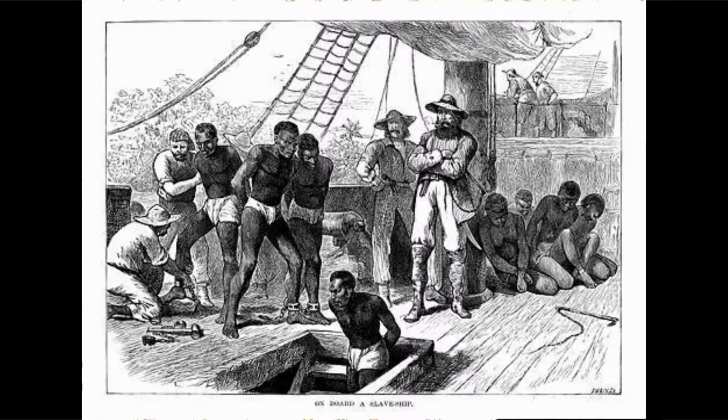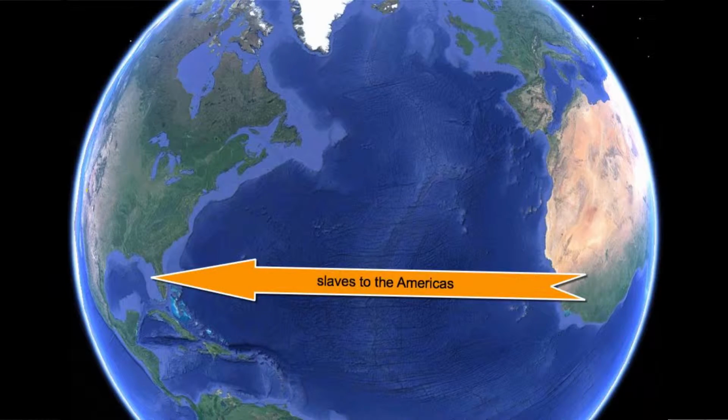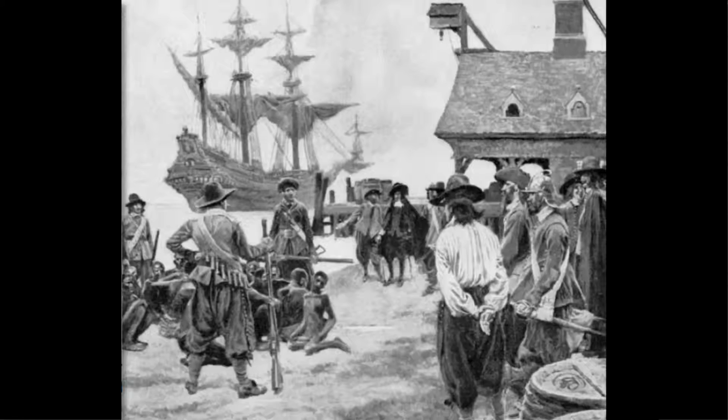With the slaves on board, the second leg of the triangle commenced, the slave ships departing for the West Indies and the Americas. After crossing the Atlantic, the ships would arrive and the slaves would be sold, fetching a 200 to 300% profit for the slavers. Typically, slaves weren't sold for cash.